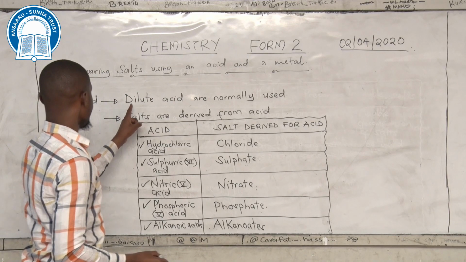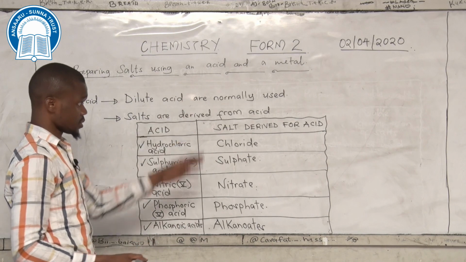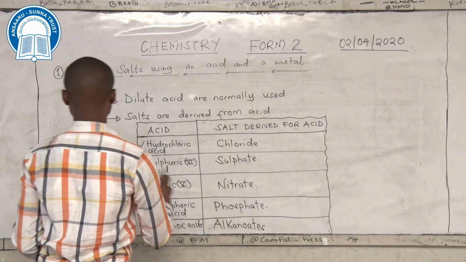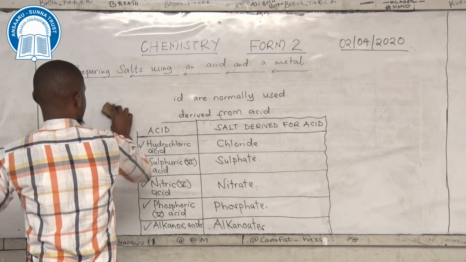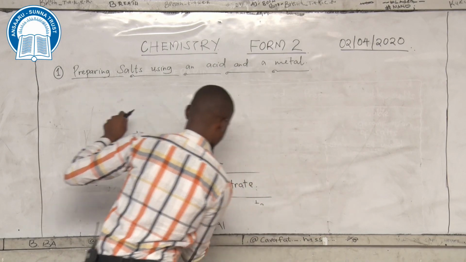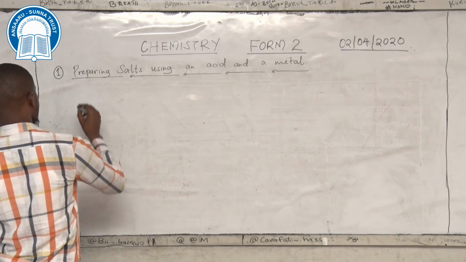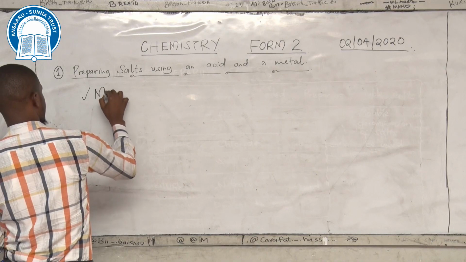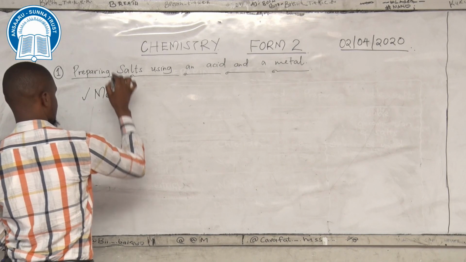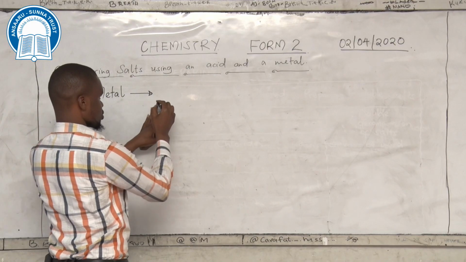Now, I've said the acids must be dilute, and we always use dilute acids to react with the metals. The other condition when using an acid and a metal is on the side of the metal. A metal used to prepare a salt using this method must meet the following conditions.